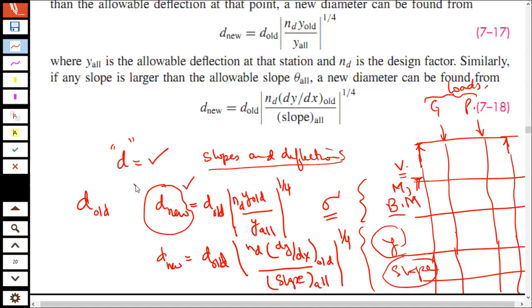So these two formulas are going to be used to correct your diameter for slope and for deflection.